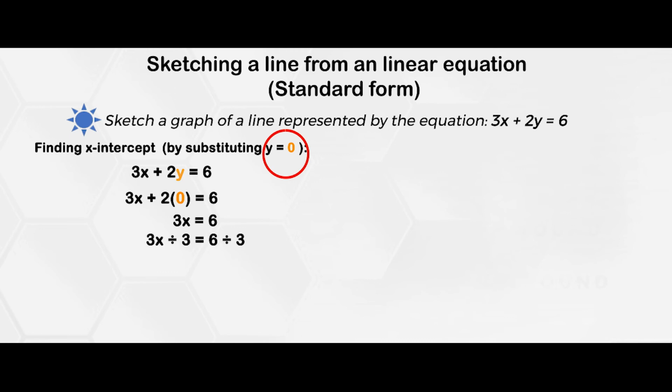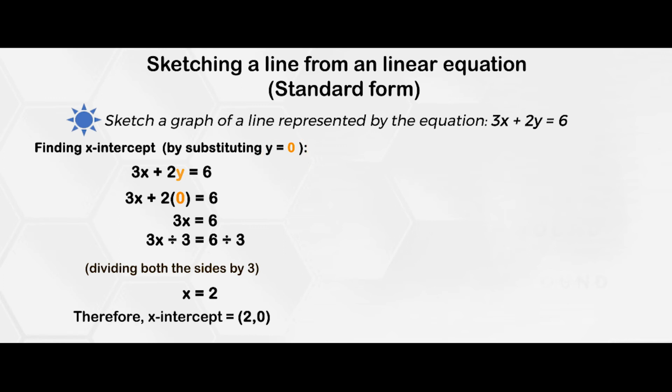But because it is an equation and we don't want to disturb the balance, we have to divide on both sides. So divide by 3 on both sides. Finally we get x equals 2. And therefore the x-intercept point that we have is x is 2 and y is always 0.